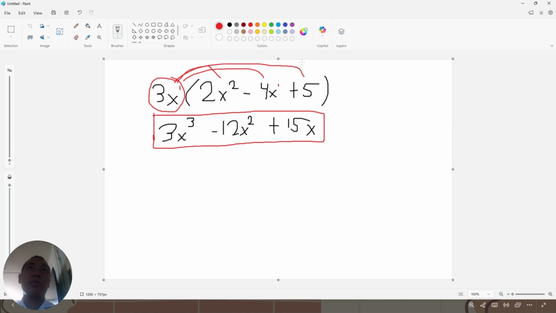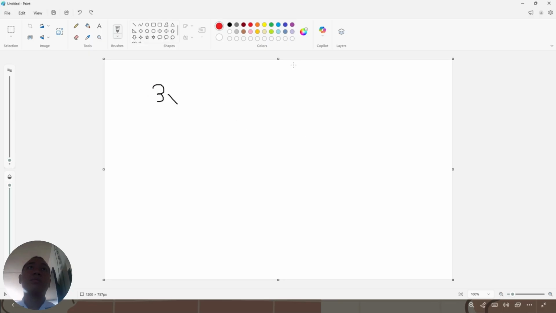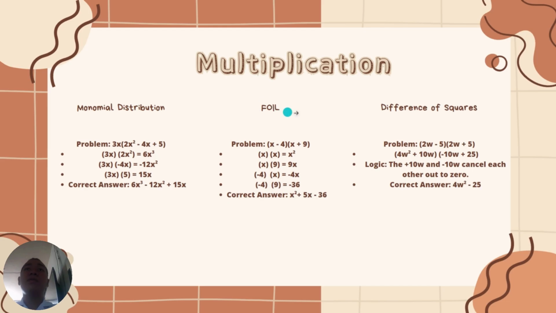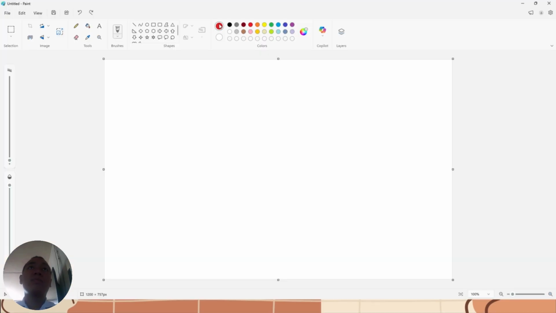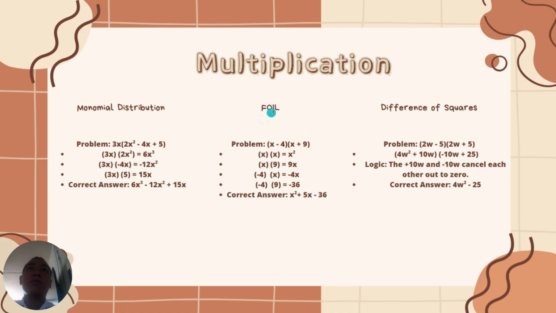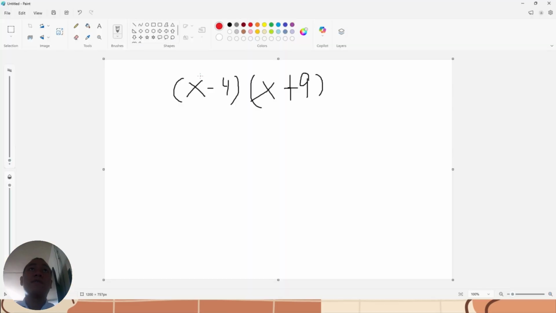Let's go for FOIL method. For our FOIL method, we use the problem x minus 4 times x plus 9. Remember the FOIL method, which is first, inner, outer, last.